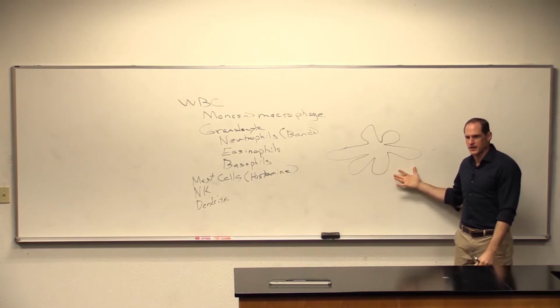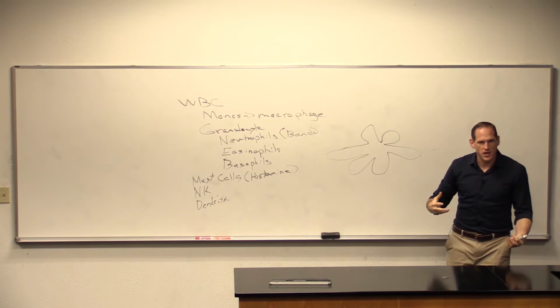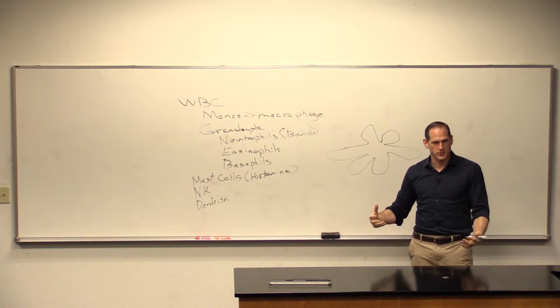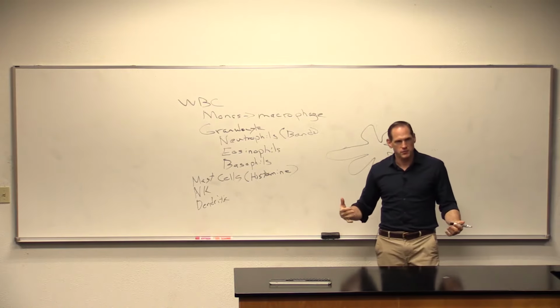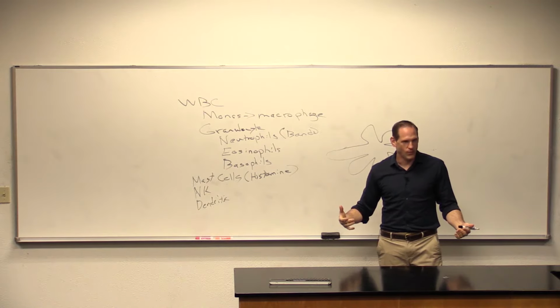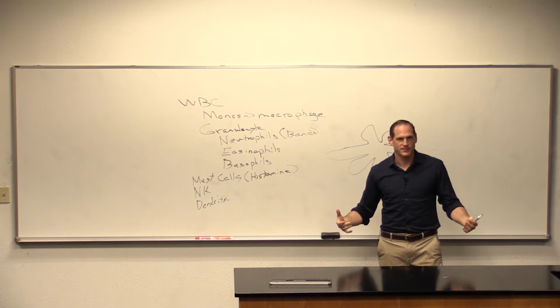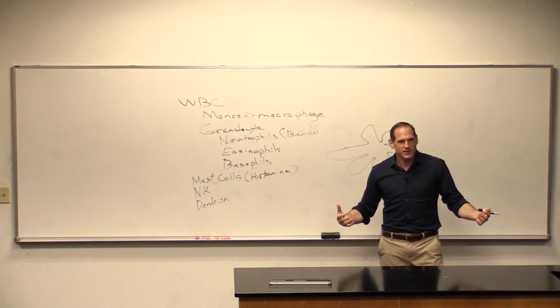One is it's phagocytic, so it can eat nearby cells. And it is also what is called macropinocytic. Now, how many of you are familiar with a whale? Channel your inner Dory. Okay.